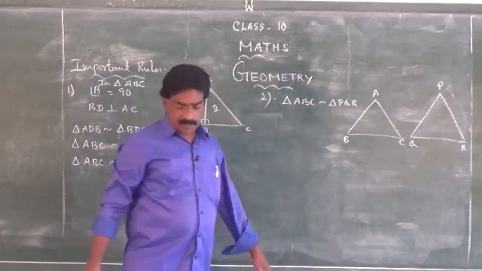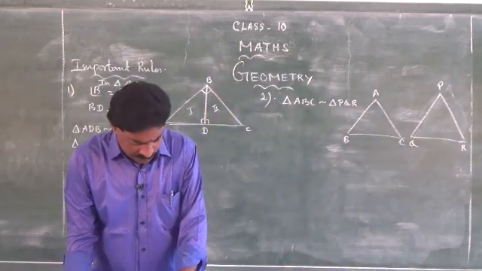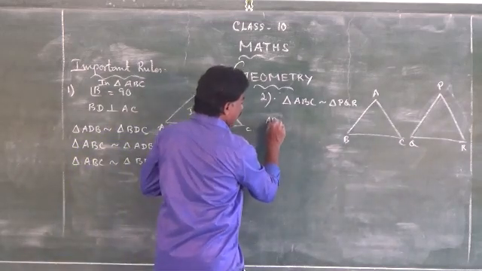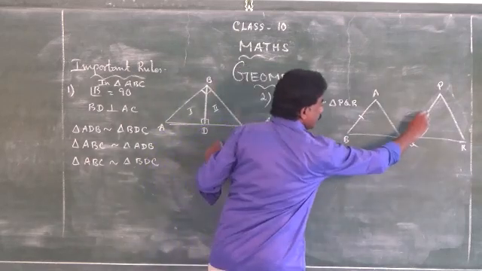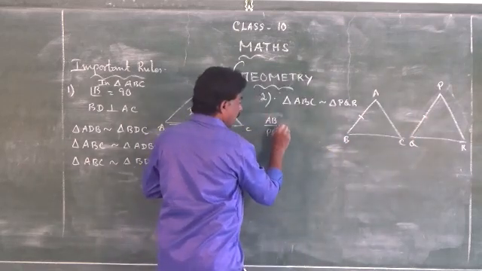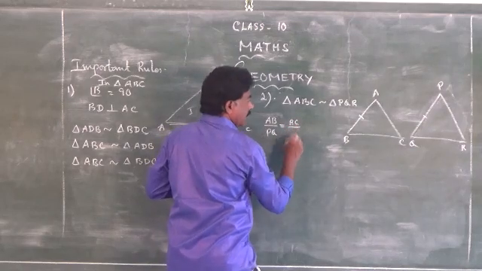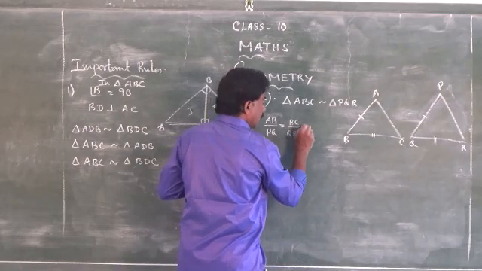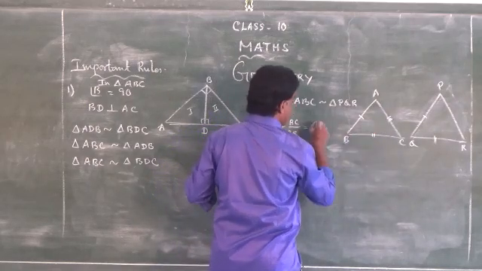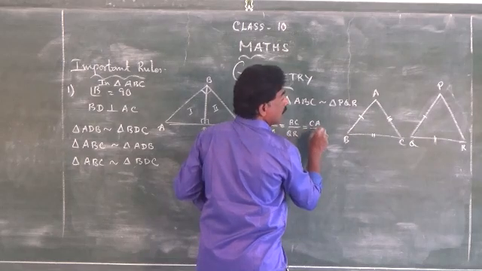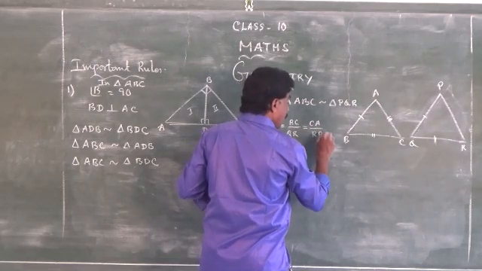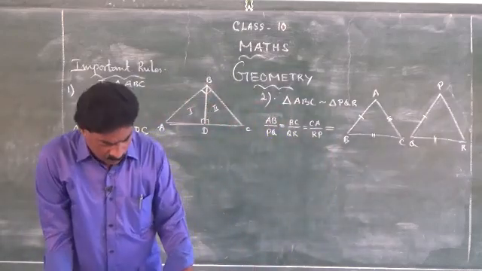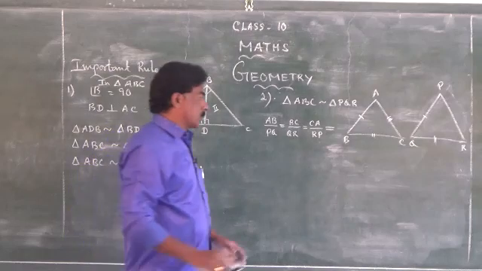And the result is the ratio of the corresponding sides. What are the ratios of the corresponding sides? AB by PQ is equal to BC by QR is equal to CA by RP, equal to the ratio of the corresponding altitudes.